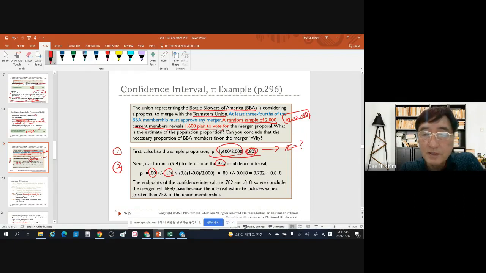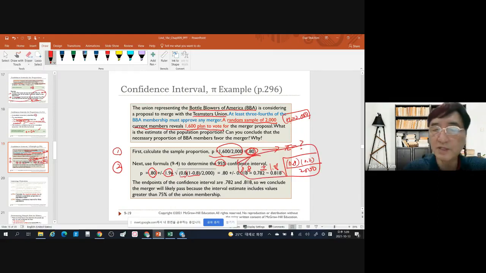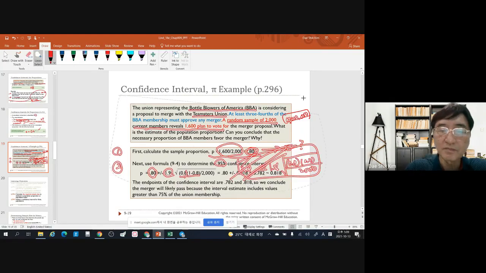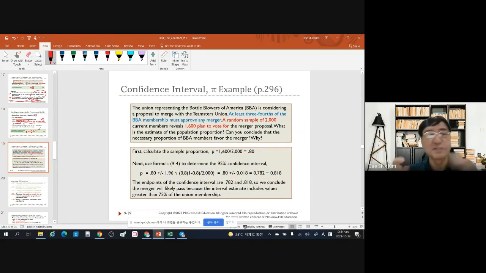p, which is 0.8, times q, 1 minus 0.8, which is 0.2, divided by n, 2,000. You need to calculate this one. When you calculate it, this is much easier.